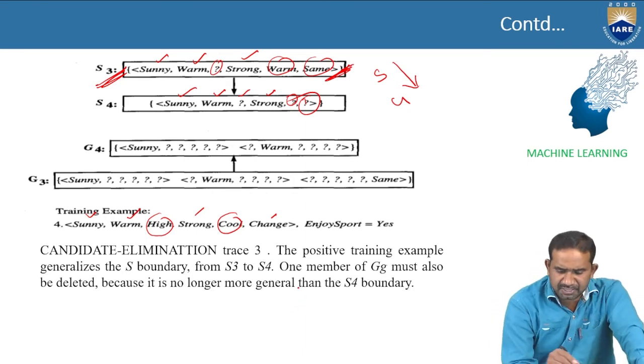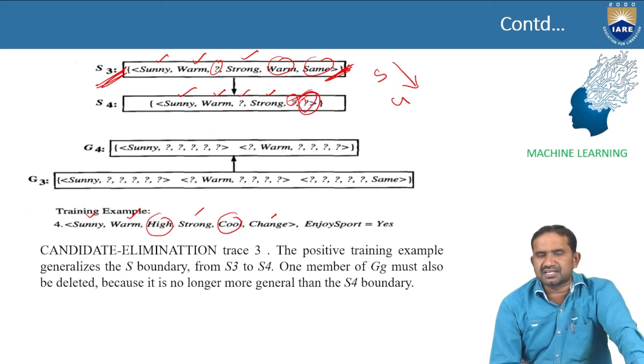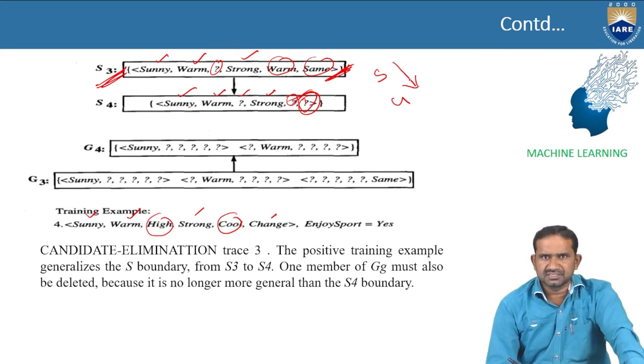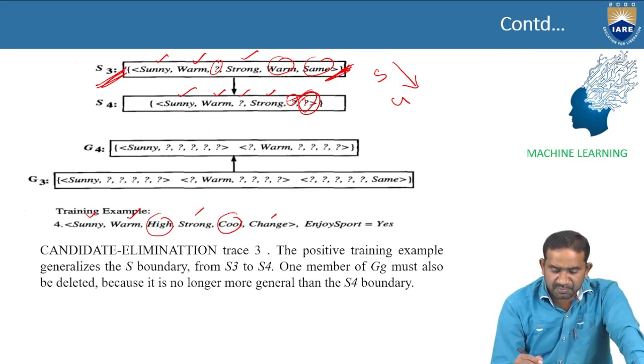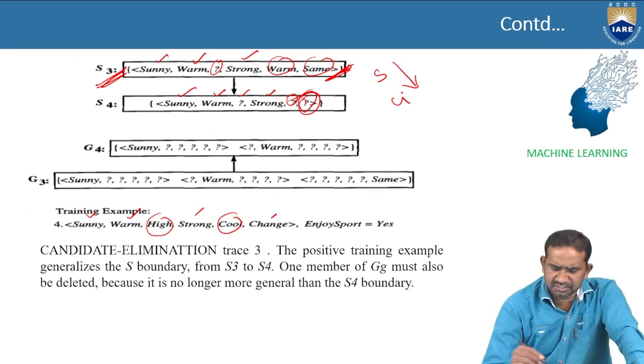But when we come to the generalization with the fourth example, that specific value becomes a generalized one. So our statement is correct as per our analysis. Whenever we start from the specific based on the positive example, it is converted to a generalized one.